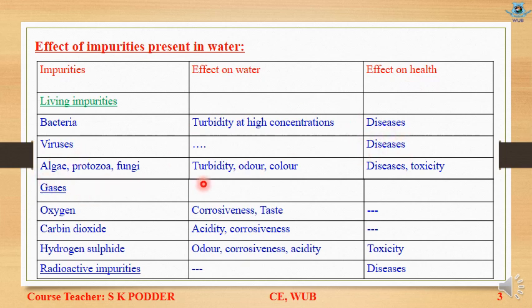Algae, protozoa, fungi cause turbidity, odor, color on water, and disease, toxicity on health. In a similar way, you can easily find out the effect of these types of impurities on water and on health, and here also radioactive impurities cause disease on human health.